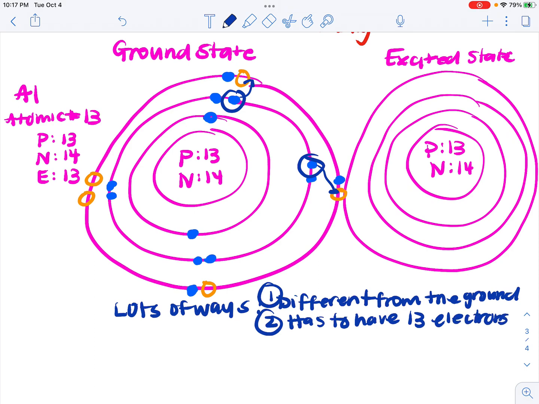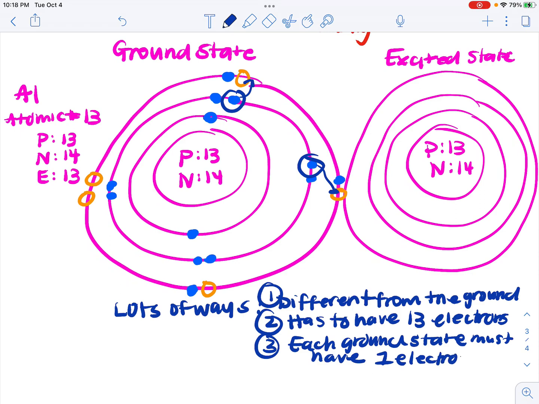Those electrons didn't just disappear. And each ground state must have 1 electron if it's not full.